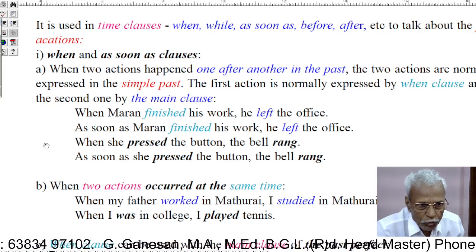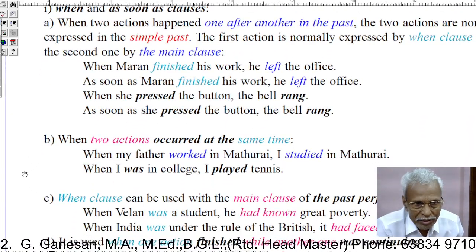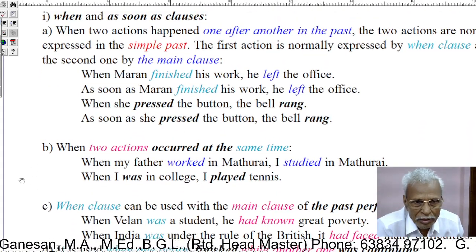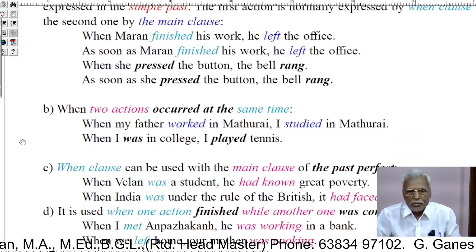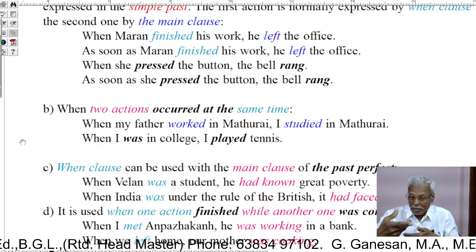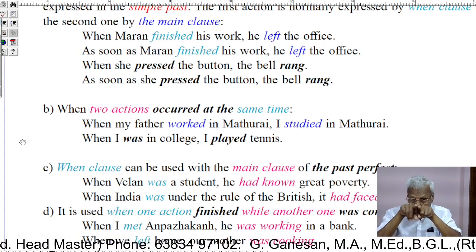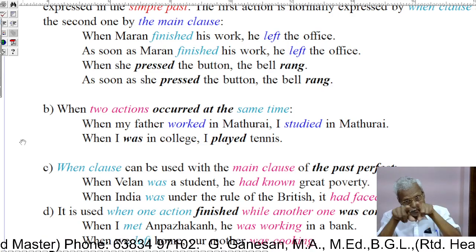Then B. In one, I have given some four items. In A, I have told you that the two past actions happened one after another.